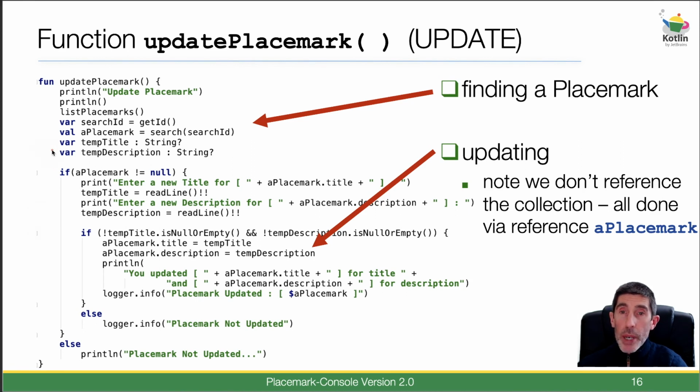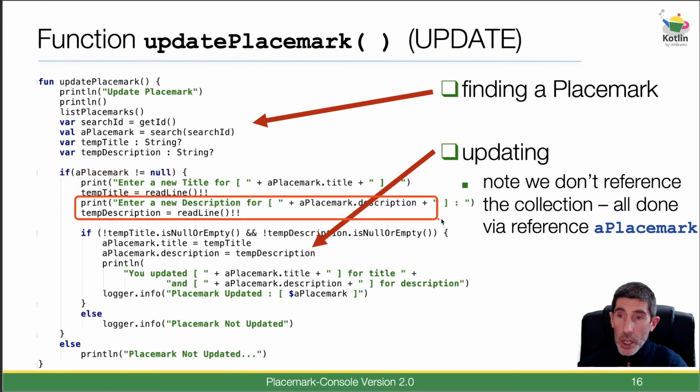So once we make sure that we have found a placemark, so a placemark is not null, otherwise we have our else block down here, telling the user placemark wasn't updated. If we have found an existing placemark based on the ID that the user has typed in, we then ask the user for a new title and read it in via readLine, ask them for a new description, readLine and read it in, and then we do some similar validation on that also.